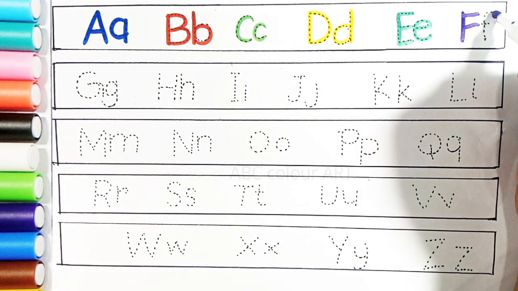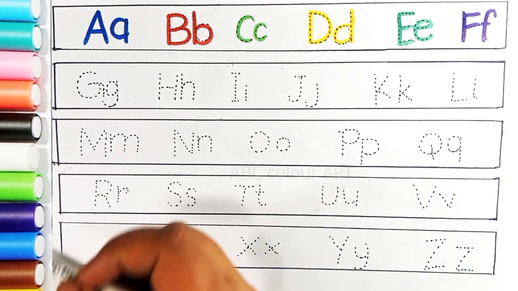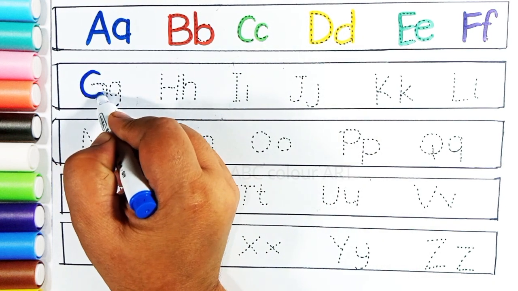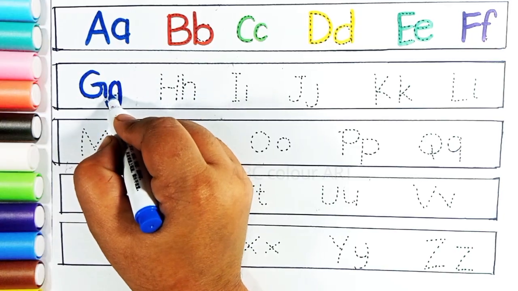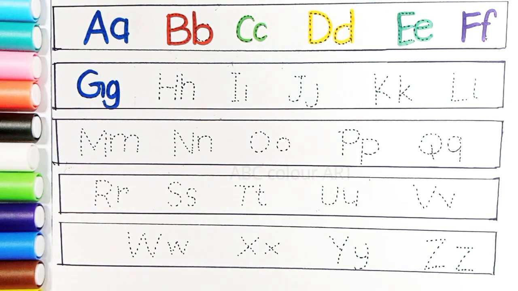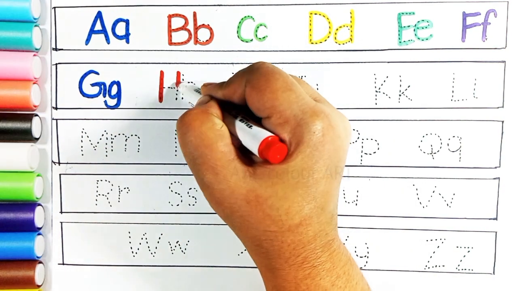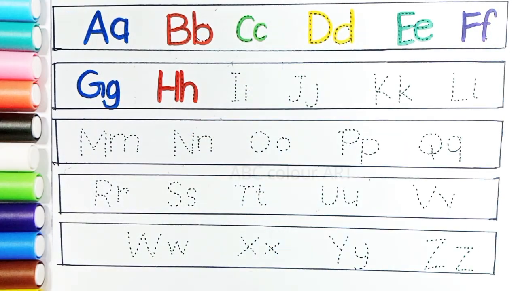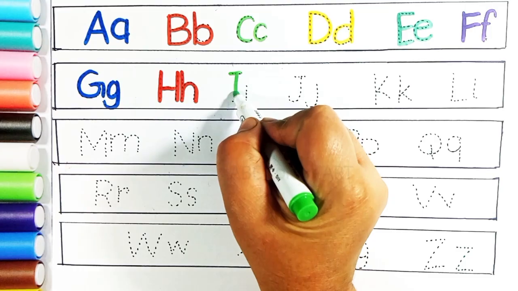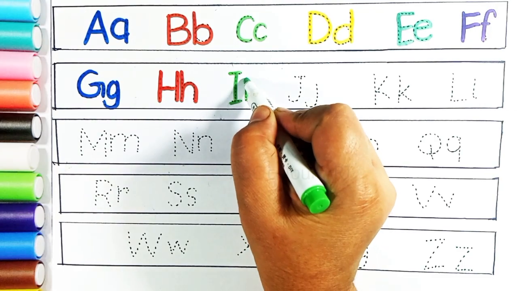Capital F, small f. F is for frog. Capital G, small g. G is for grapes. Capital H, small h. H is for hen. Capital I, small i.